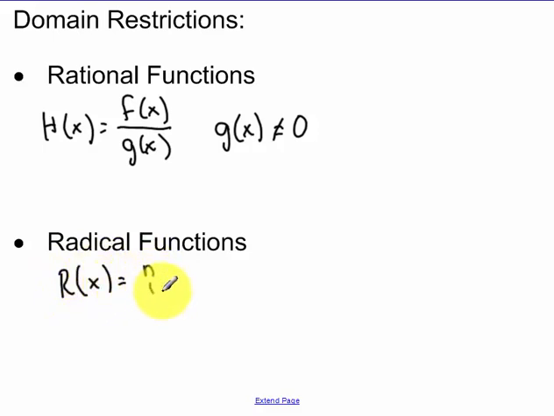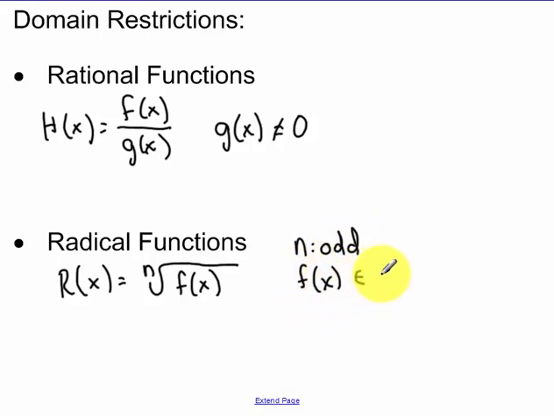Radical functions. A radical function happens when you have f of x underneath some radical. And it all depends on if n is even or if n is odd. If n is odd, f of x can exist in the real number solutions.